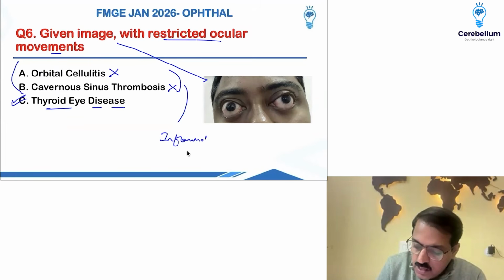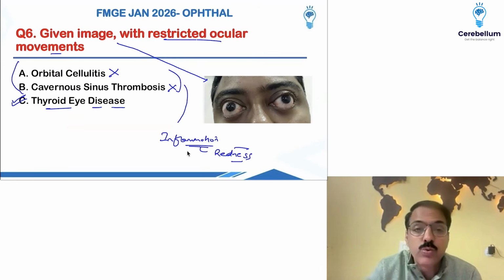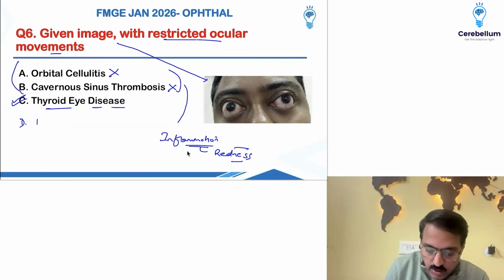Inflammation includes redness of eyes. Here the eye was not red at all. This kind of image was given. Bilateral proptosis. So this was thyroid. Idiopathic bulging. Okay, fourth question was idiopathic bulging.